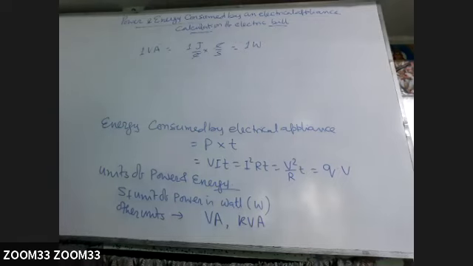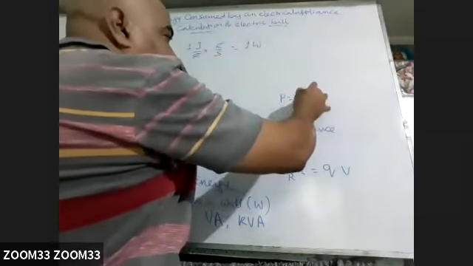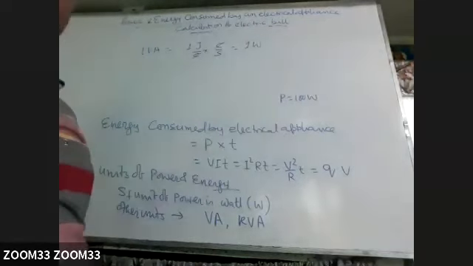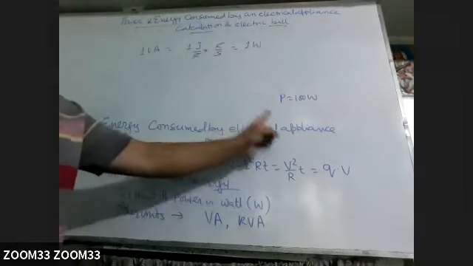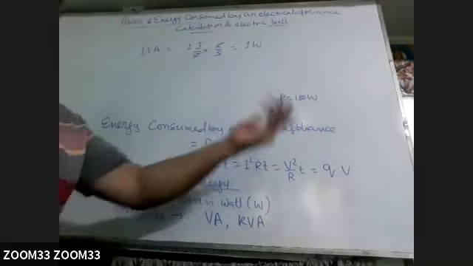But why do we change this definition or why do we change the unit? Nowadays it is not expressed in watt. Why is it so? Suppose we are saying the power of a bulb is 100 watt. What does it mean? It will consume 100 joule energy per second provided it is connected to a source of proper voltage. Now, what is its proper voltage? That will depend on the bulb.